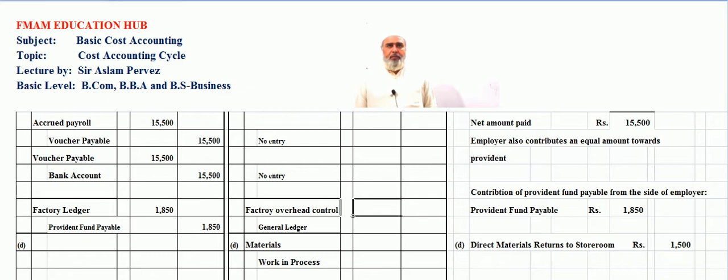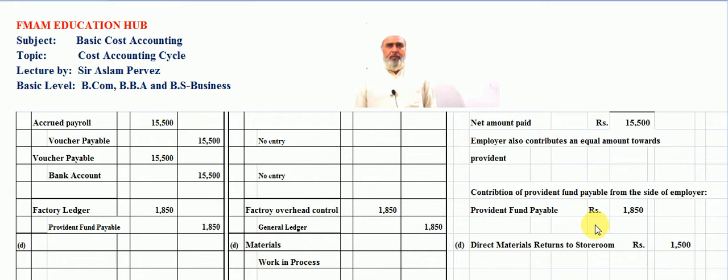In the book of factory, the provident fund is the expense which is charged to the factory overhead control, 1,850 rupees here, and the general ledger is credited 1,850 rupees here. Students, this is the entry against the contribution of provident fund payable from the side of the employer.